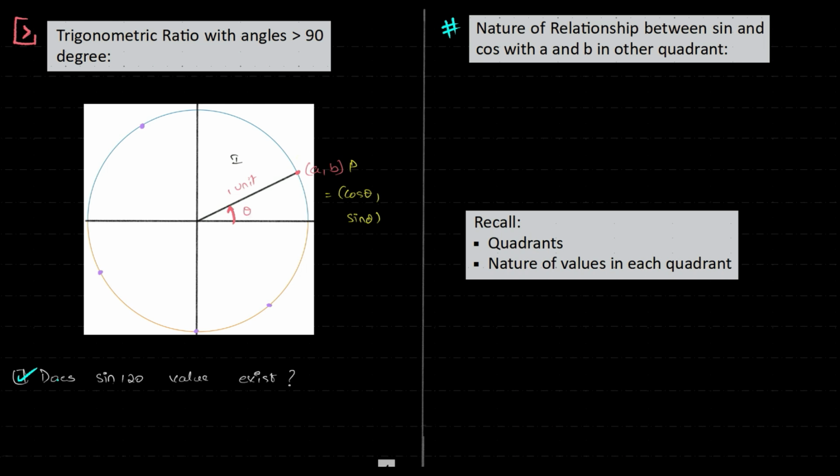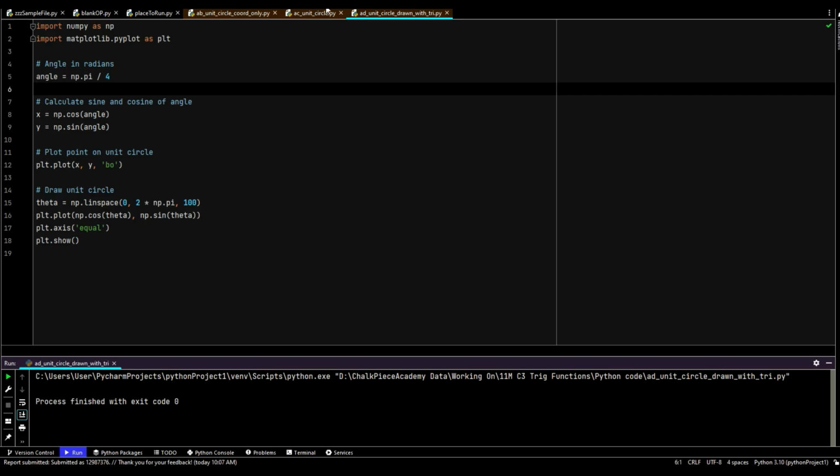If I take an angle over here, around 125 degrees, can I just use cos of 125 and sine of 125 and find this coordinate? That is the question we are trying to answer. First, does it exist? Yes, such values do exist. So what is the nature of the relationship is what we are trying to look at.